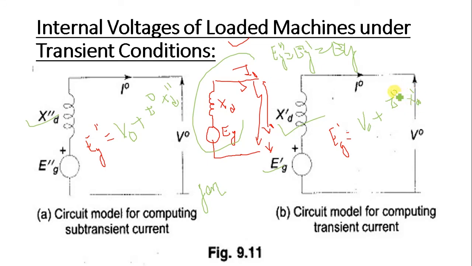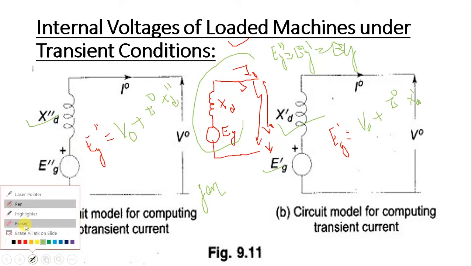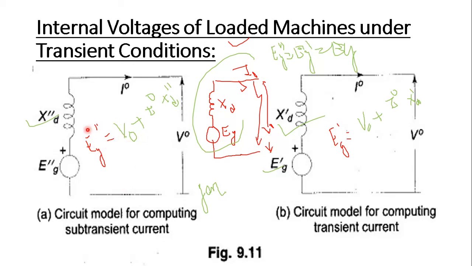In that way we can find the value of the voltage behind the subtransient condition and the transient condition.